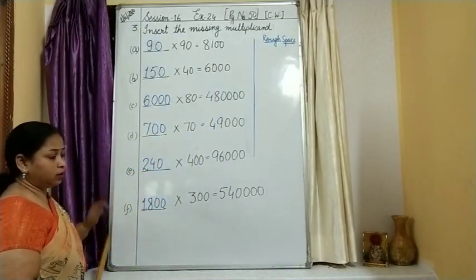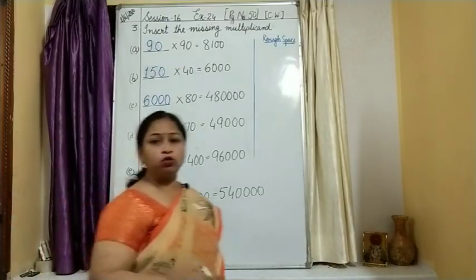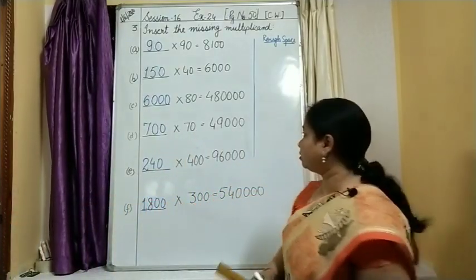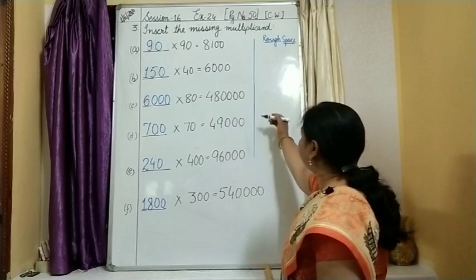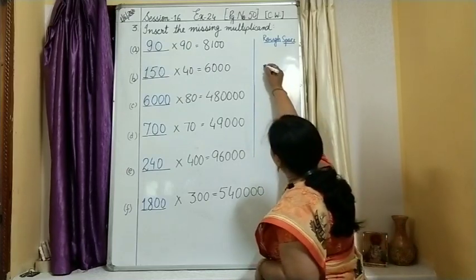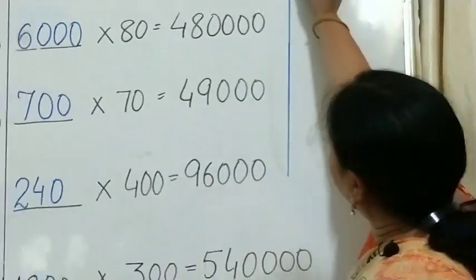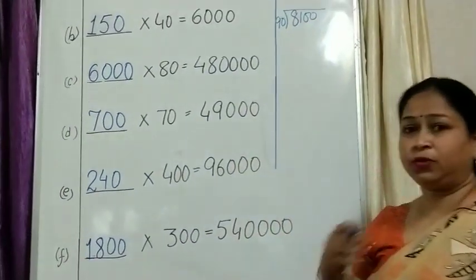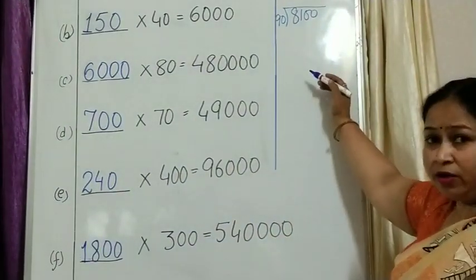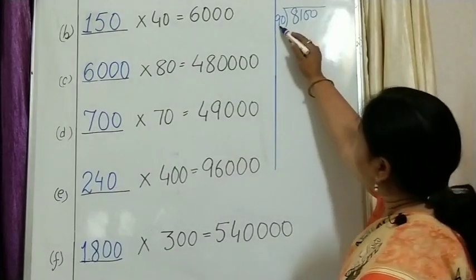Okay, or there is another way to do such type of question. What is that? For that I require the rough space. You have 8100. Divide this 8100 by 90. Okay, so when you divide this, you will get 90.